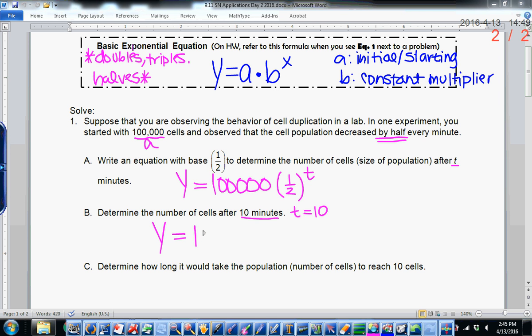So y equals 100,000 times 1/2 to the 10 power. I'm not going to pull up the calculator for fear that it will crash the recording, but you do this on your calculator. 100,000 times 1/2 to the 10 power. All right, so we get 97.656 cells.